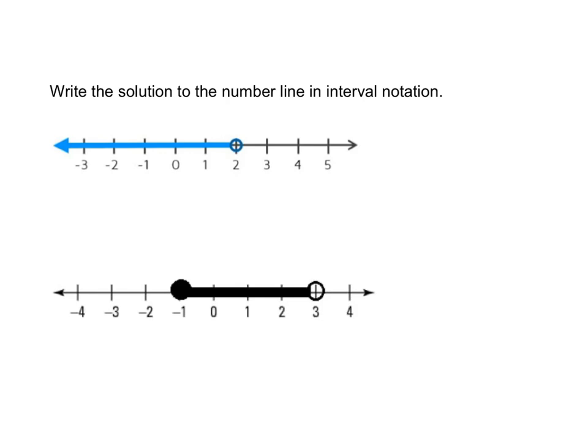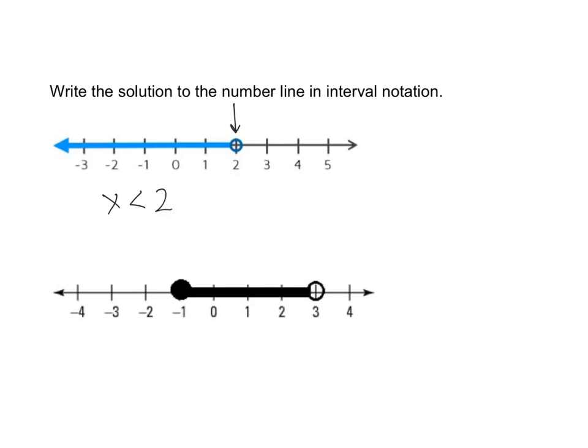So the first thing I look at is what type of circle we have and where that circle is. I have an open circle at 2. So when I write my inequality, I'm going to do x. Then I look to see which side of 2 I have shaded. Because I've shaded the left side, the values smaller than 2, I know that's going to be my less than, and then my number 2.